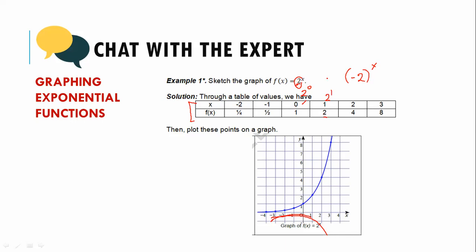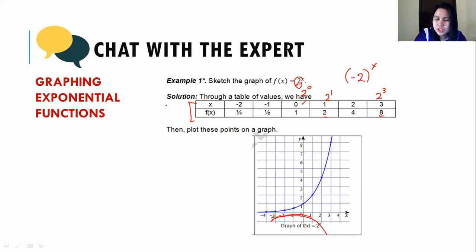If our x is 3, that's 2 to the power of 3. Then 2 times 2 times 2, not 2 times 3. Then our y is 8. And if we plot it in our coordinate system, you'll see that it is increasing.